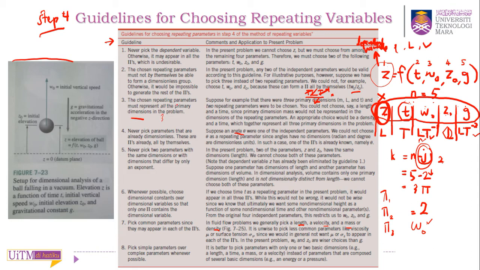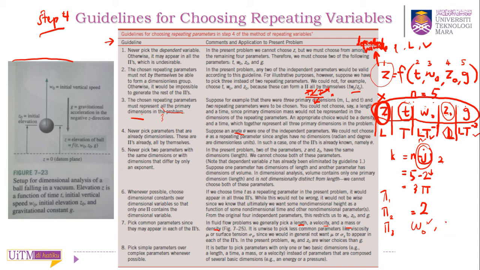Step 3: you need to choose repeating parameters that represent all the primary dimensions. So you have to choose W0, which has all the primary dimensions, L and T. That's good. Another one, T. You have T here as well in W0, and T also in G. So the wiser option is Z0, because it's only L, and it is a more common parameter.